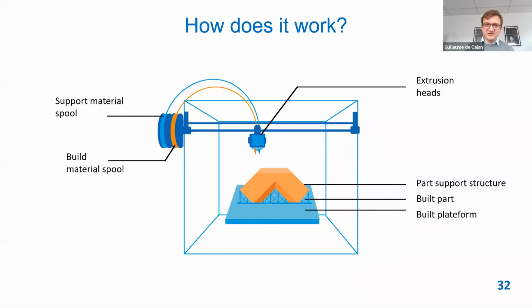So how does it work? Generally, there's a few exceptions to that rule, but the feedstock will be filaments. It could also be rods or granules or whatever, a mix of ceramic or metal in this case, and thermoplastic binder.